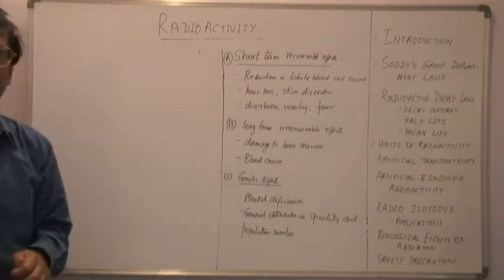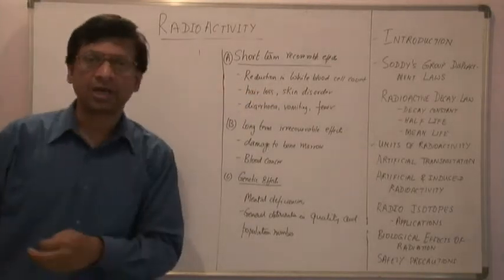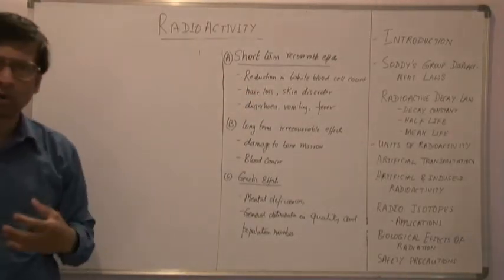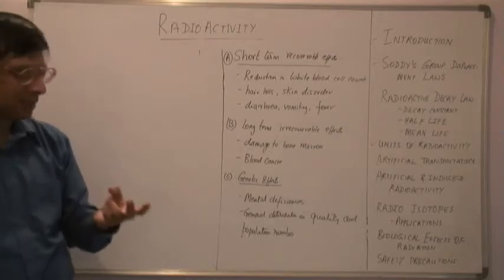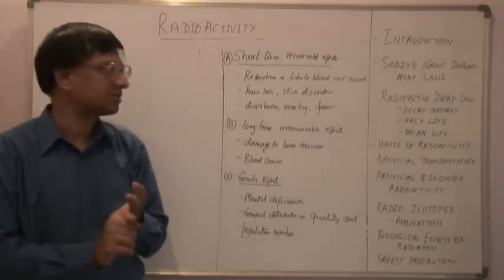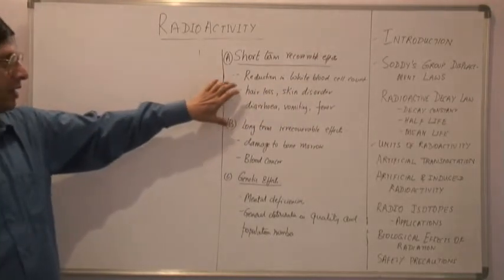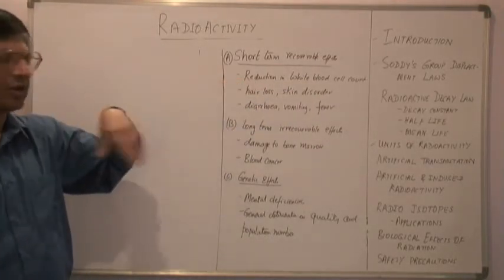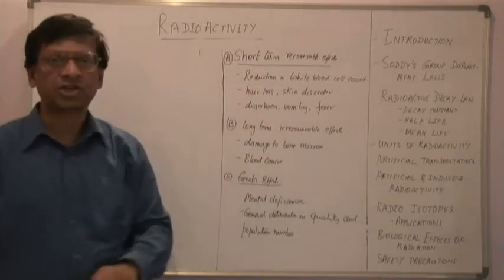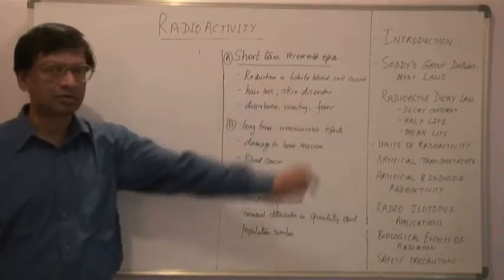First, there is a reduction in what is known as the white blood cell count. As we all know, blood consists of two types of cells, the red blood cells and the white blood cells. When we receive radiation, there is a noticeable reduction in white blood cell counts.